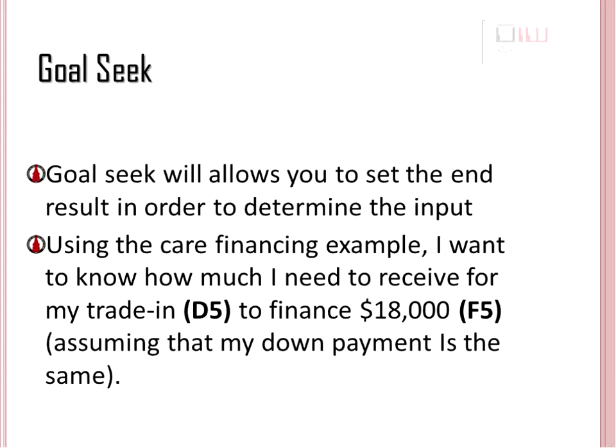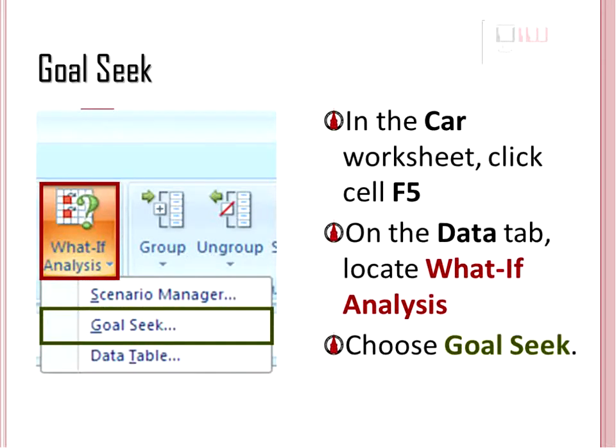What goal seek does is a what-if analysis that allows you to plug in different numbers to figure that out. So that's Goal Seek, and that's kind of a neat feature.